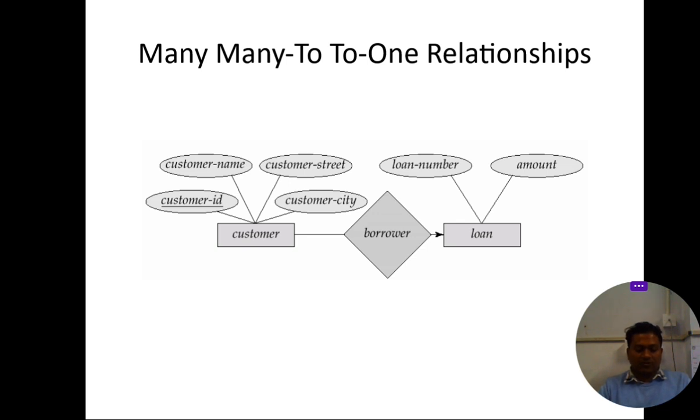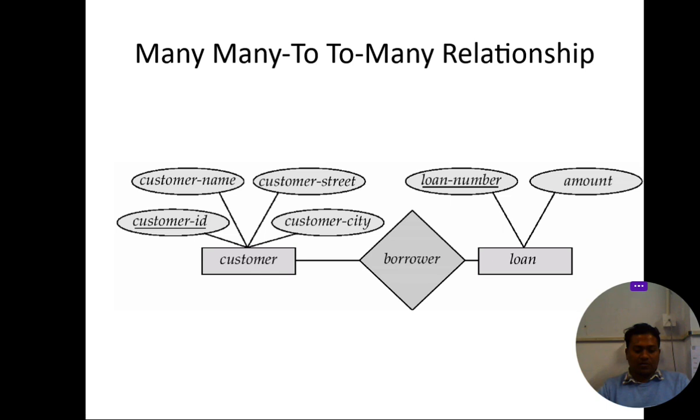In a many-to-one relationship, a loan is associated with several, including zero, customers via borrower. A customer is associated with at most one loan via borrower. Now the many-to-many relationship. A customer is associated with several, possibly zero, loans via borrower. A loan is associated with several, possibly zero, customers via borrower. So here is the many-to-many relationship.